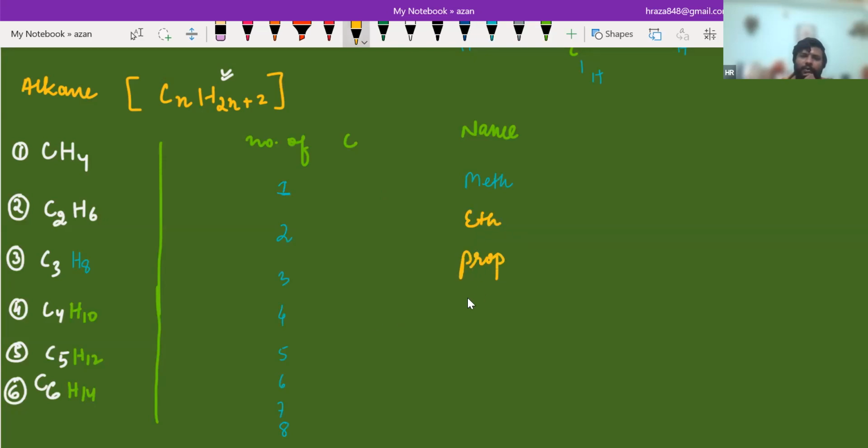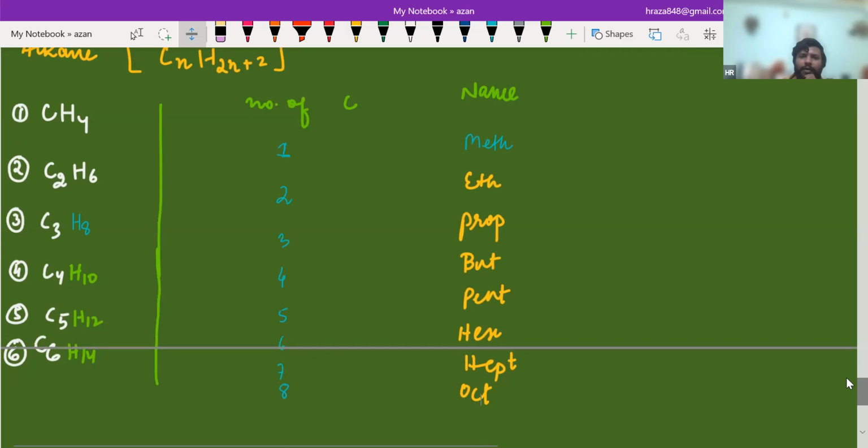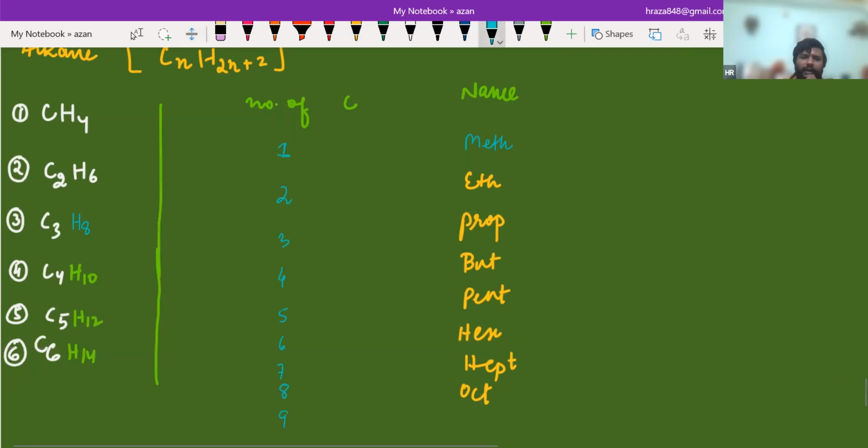You have to remember this. 4 means but. 5 means pent. 6 means hex. 7 means hept, 8 means oct, and if it is 9 that means non, and if it is 10 that means dec. So this is the organic nomenclature of carbon.